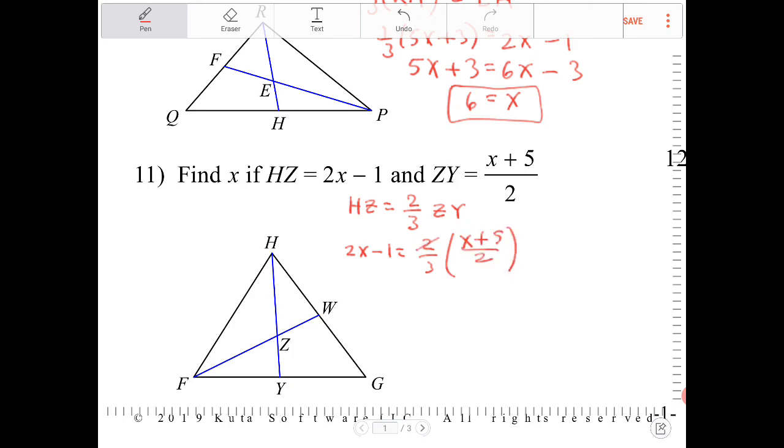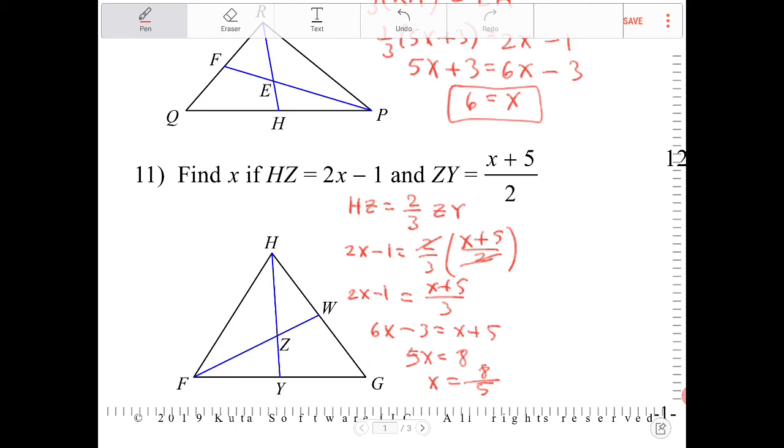Notice that the numerator 2 and the denominator 2 will cancel. I'm left with x plus 5 over 3 is equal to 2x minus 1. If I multiply both sides by 3, I end up with 6x minus 3 is equal to x plus 5. Subtract x, add 3, I'm sorry, I end up with 5x is equal to 8, or x is equal to 8/5.